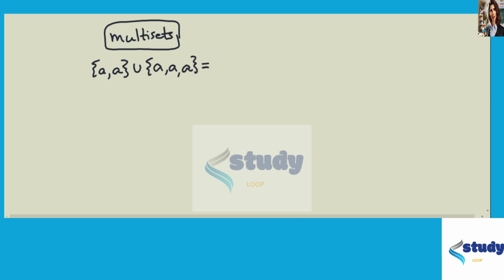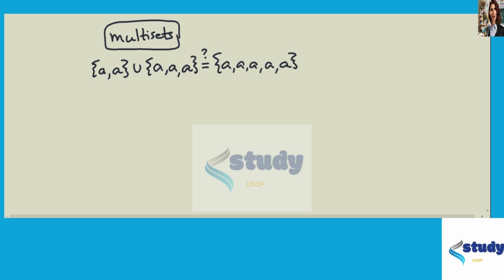So let's look at the first statement. The first statement says the set of A and A, the union of that set with AAA, does that equal the set with A in it 5 times? Is that true?